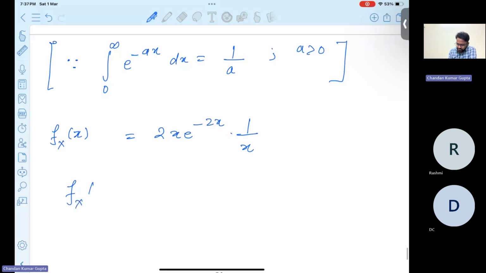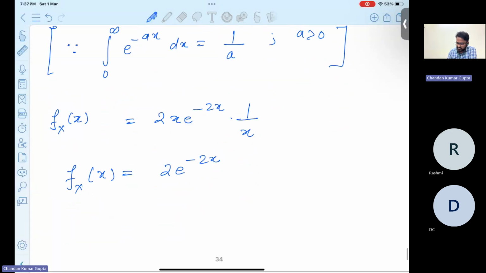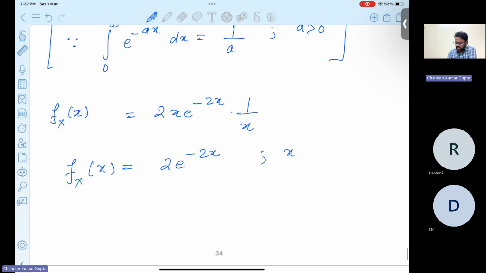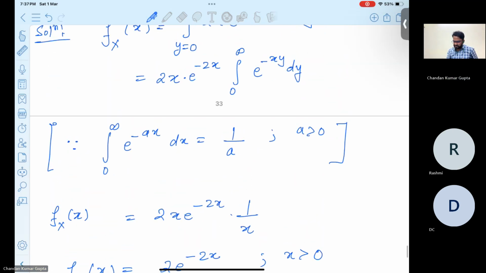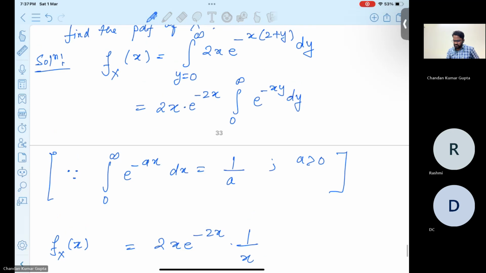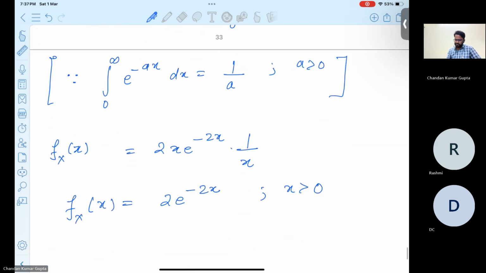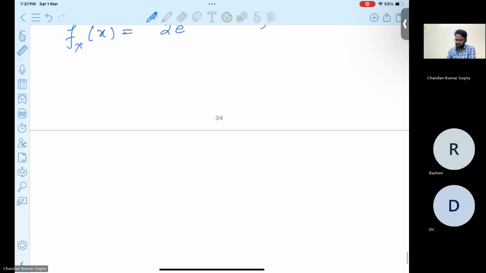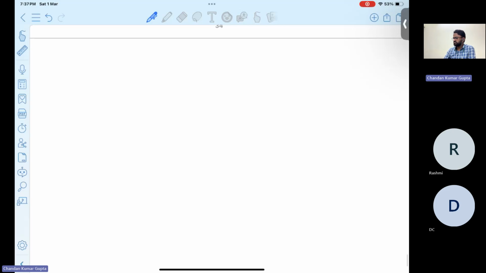So our marginal is 2 e to the power minus 2x, for x greater than 0. Now the next question.